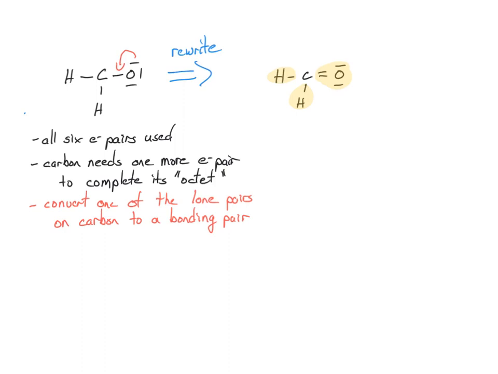As before, each of the outside atoms has a complete octet. Each hydrogen has 2, and the oxygen has 8: 2, 4, 6, 8. However, we see now the effect of converting this one lone pair to a bonding pair, is that now carbon has 2, 4, 6, 8 valence electrons assigned to it. It has a complete octet.